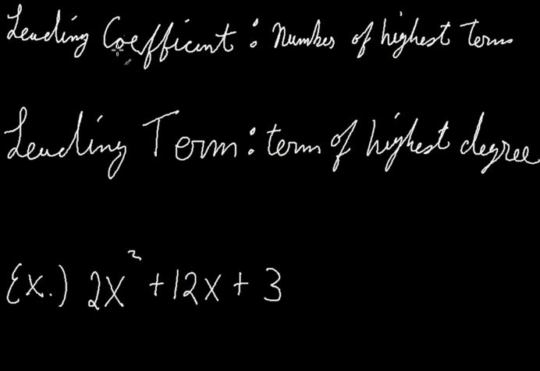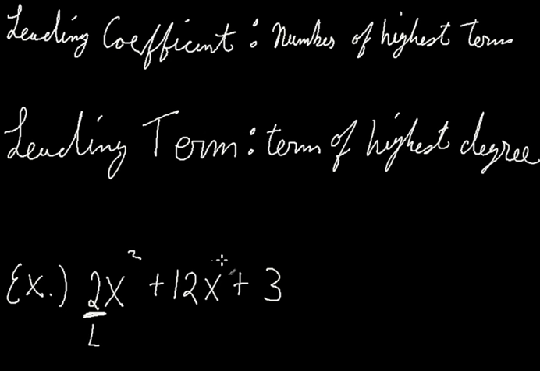Let's keep going. So the leading coefficient, the number of the highest term, okay, this is a vocab term, and sometimes we have to understand what the leading coefficient is. So I have an example right here. A leading coefficient is this number 2 right here. This is the leading coefficient, all right? The leading term is the term with the highest degree.